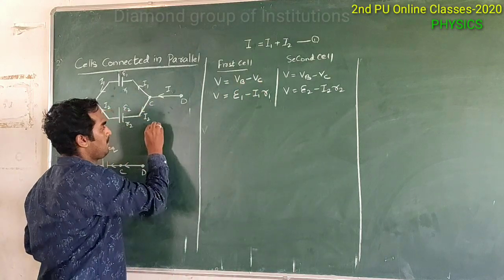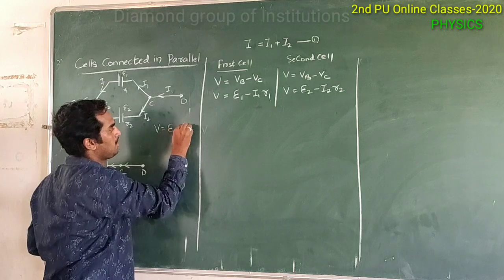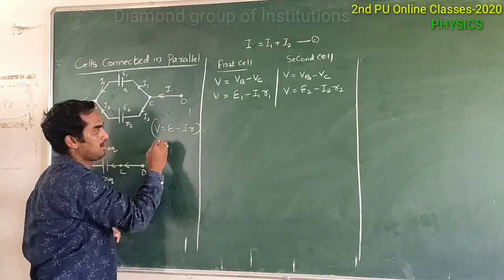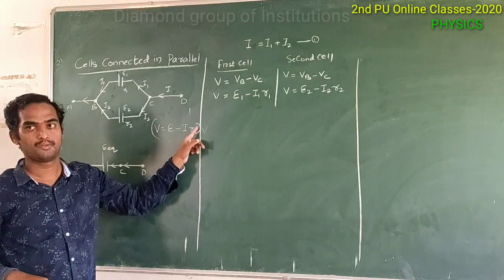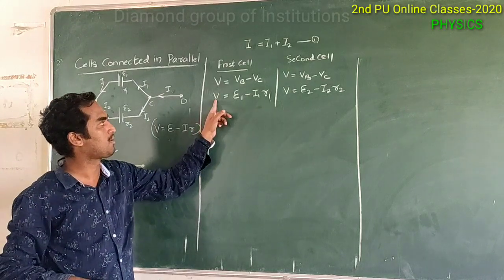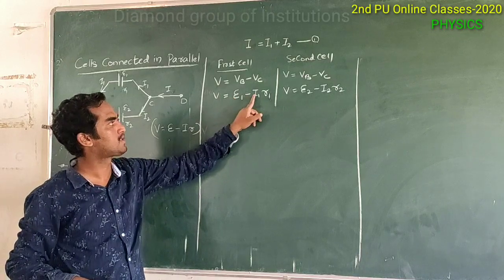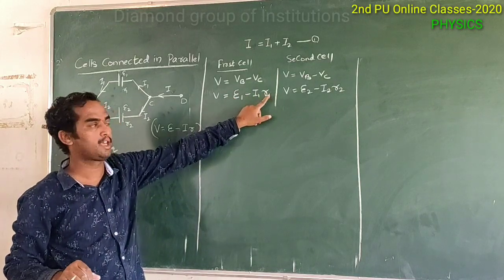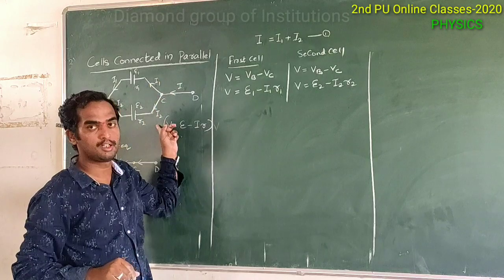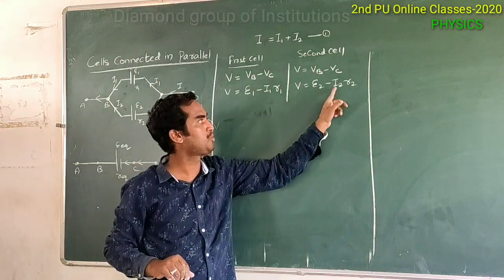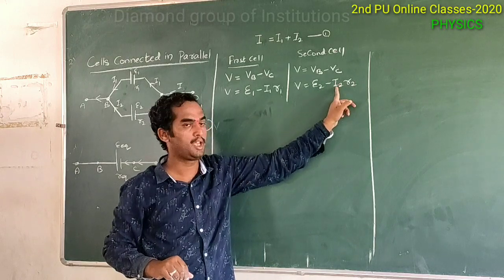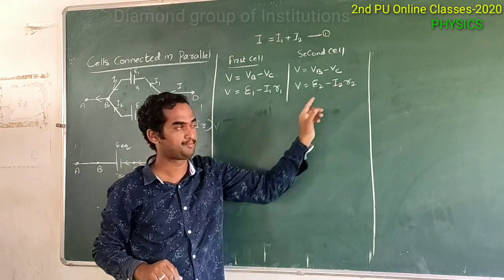Just we know the formula, terminal PD: V equal to E minus I into R. So we write here V equal to E1 minus I1 into R1, since the current is dividing, that's why I1. And for the second cell, V equal to E2 minus I2 into R2. So here the second branch current is I2.